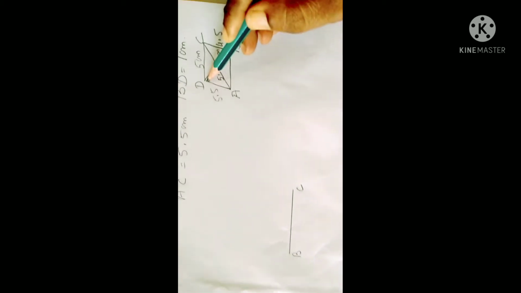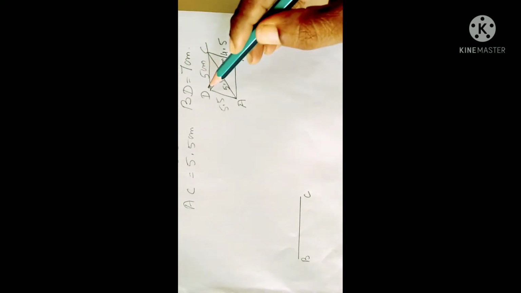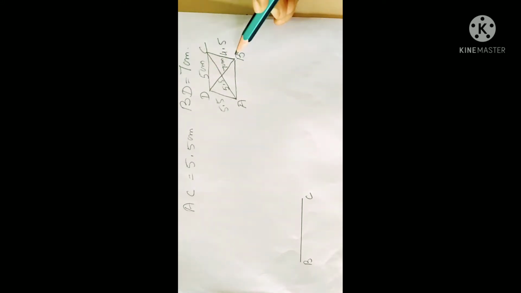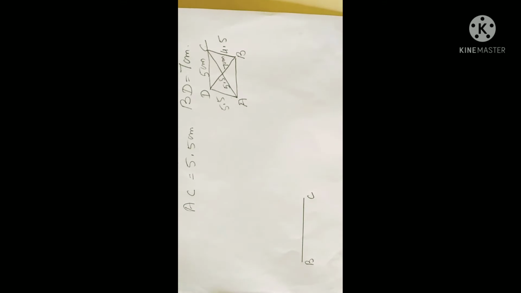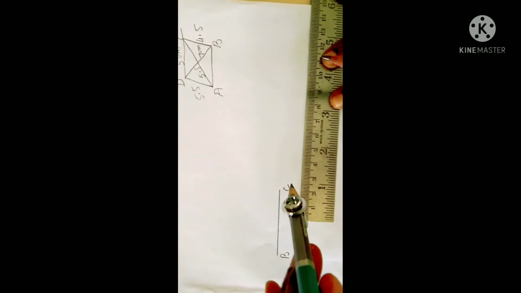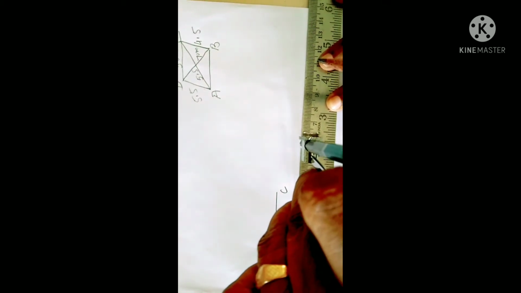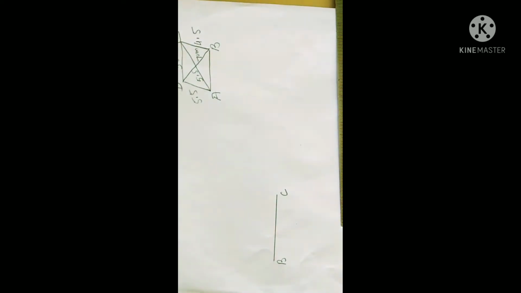Now you have to find out the points A and D. So if you think of D, D is 5 centimeter away from C and 7 centimeter away from B. So let us take from C 5 centimeter.